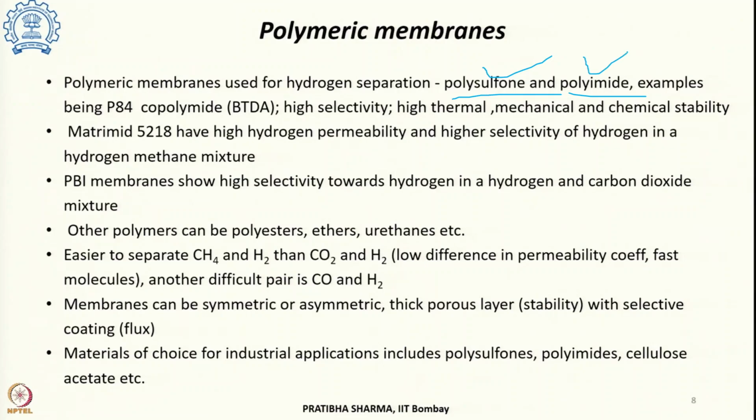They are two good polymers for making the membrane material, for high temperature uses and high selectivity, high thermal resistance, high mechanical strength, high chemical strength. This polymer is suitable for separating hydrogen from the other gases and contamination.